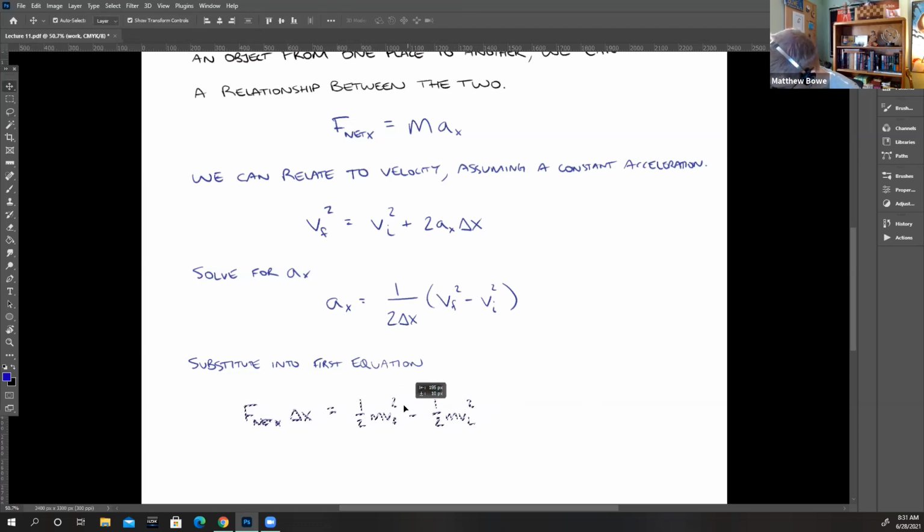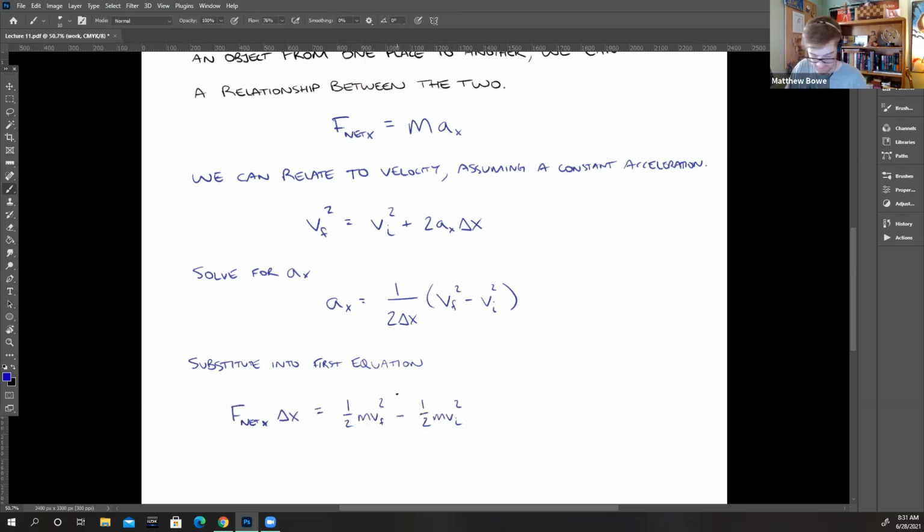Now if you look at the first part of this equation, this left-hand side, on my first page of the notes today, I saw that this is work. Force over some distance is just work. We know that F times some distance is just work.